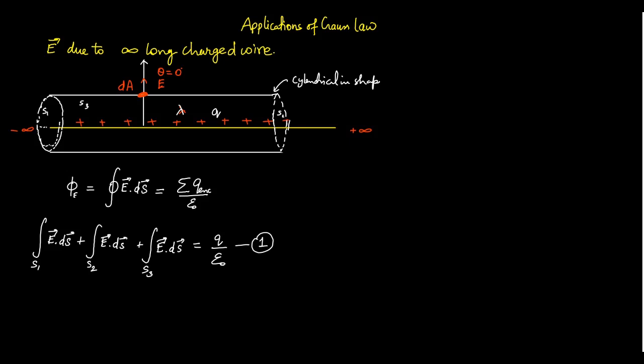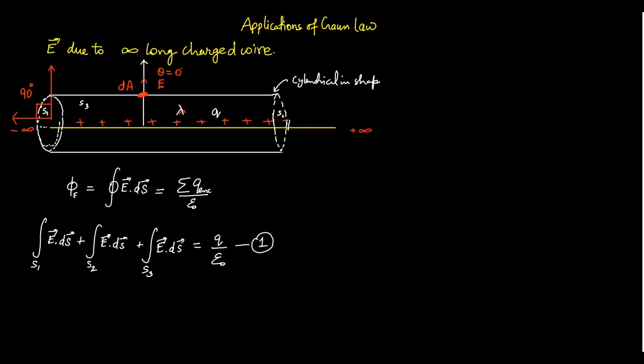Now if I talk about this surface S1, on the S1 electric field will be perpendicular to the wire, away, and area element is again perpendicular to the cross sectional part. So in the second situation, the angle between electric field and area element is 90° for S1 surface.